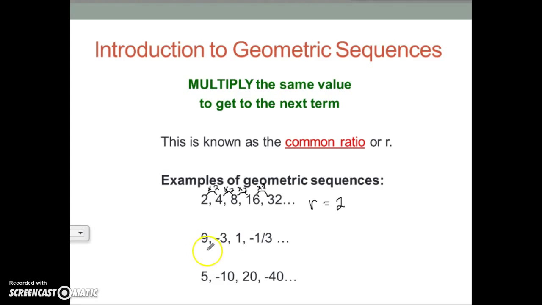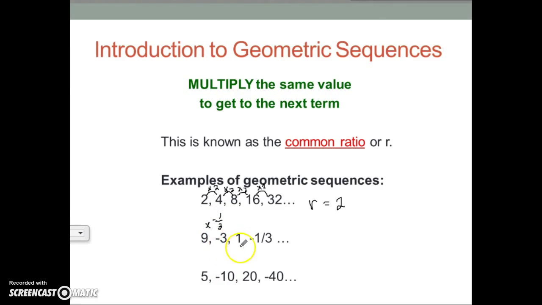So if you think of it as dividing 9 to -3, that would be like dividing by -3. 9 divided by -3 gets me -3. But in terms of multiplying, that would be like multiplying by the reciprocal of -3 or multiplying by a -1/3.